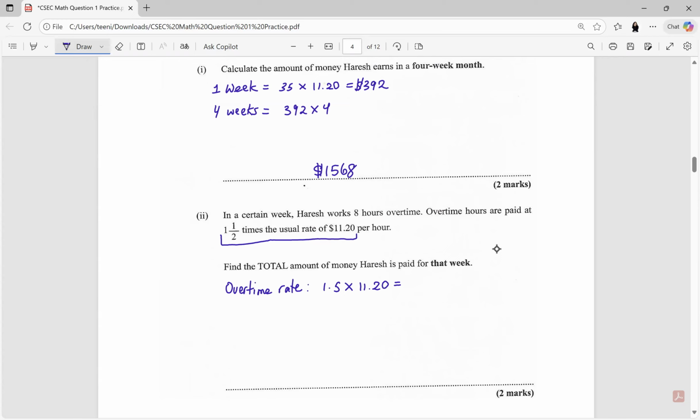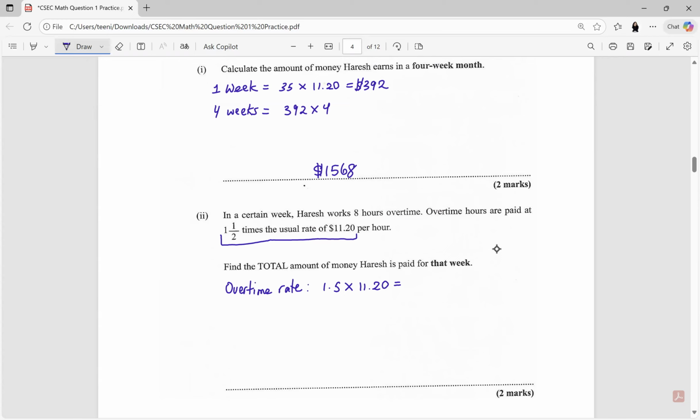This is called time and a half; that's what 1.5 times is also known as. You find that by multiplying the normal rate, or the basic rate, by 1.5. Then there are different types of overtime rates.